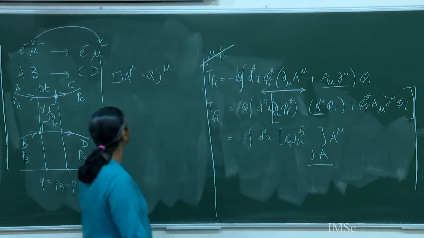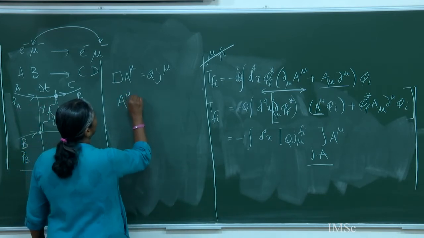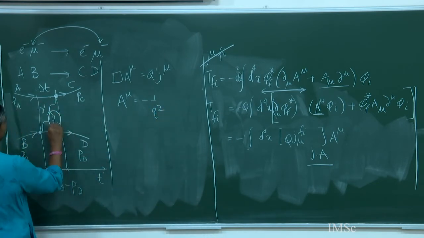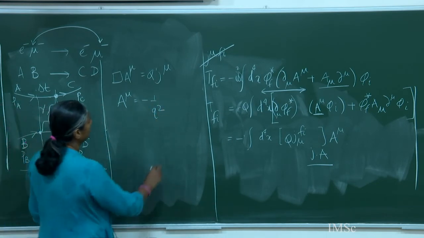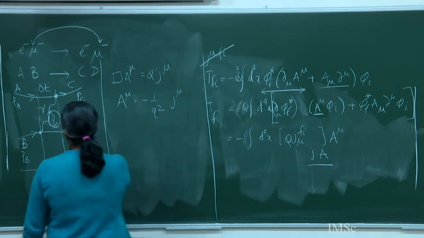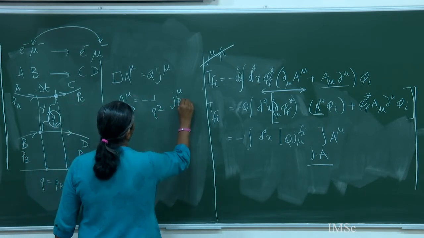Fine, and then we got the solution as A mu equals minus 1 by q squared, where q was the momentum of the photon, times J mu, and then we can call this BD. So this is also BD.